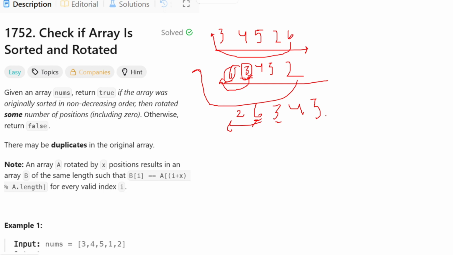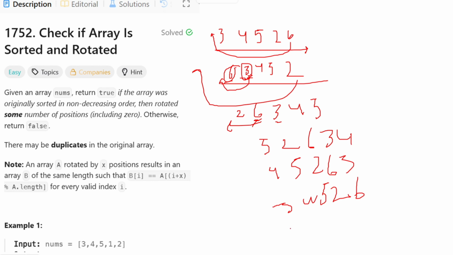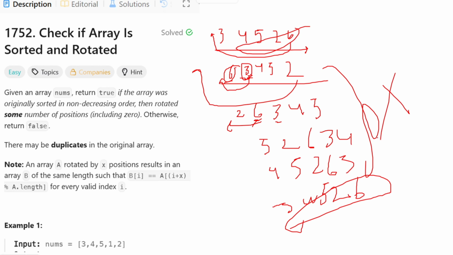Our 6 should go to last. Now let's try to rotate again: 5, 2, 6, 3, 4. Again 4, 5, 2, 6, 3. Again 3, 4, 5, 2, 6. You can see here we get the same array, but in every case our array is not sorted.